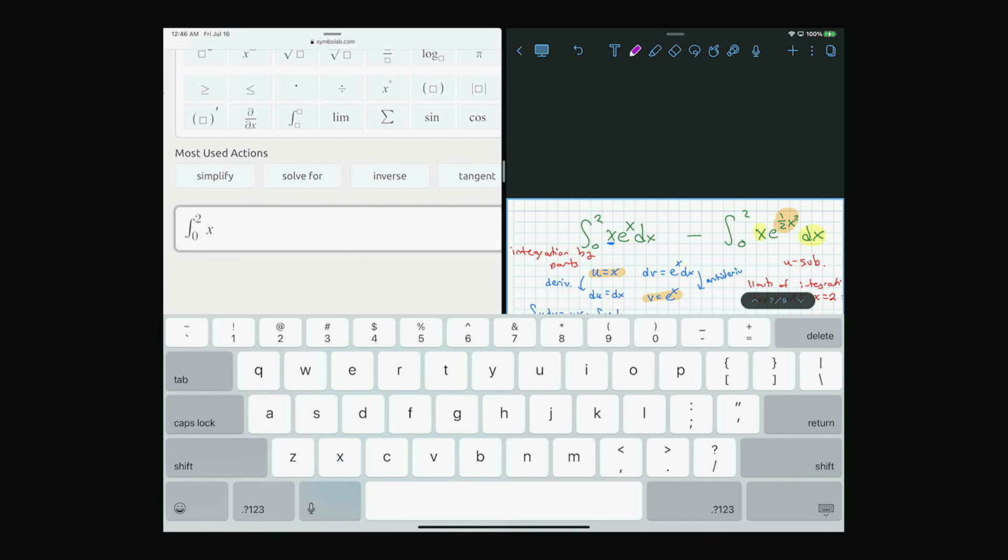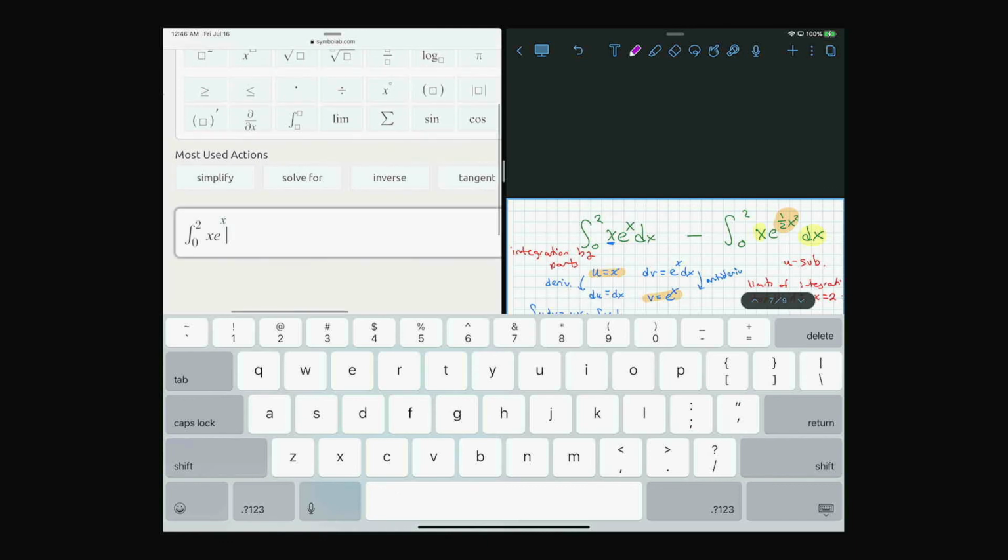X, okay, E, delete, E, delete, E, okay, got it. Okay, got to get an X up there. Got it, finally. Did that work? Was that correct? Okay.